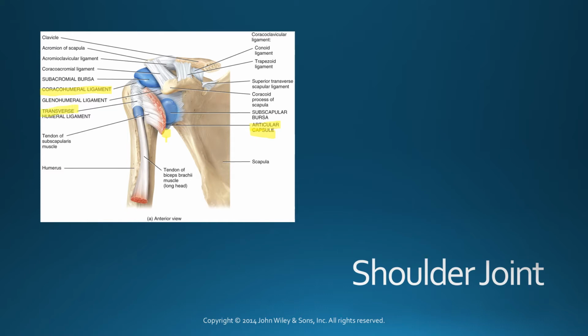The transverse humeral ligament down here is a narrow sheet that extends from the greater tubercle to the lesser tubercle of the humerus. So you can see that sheet over here. The ligament actually functions as a retinaculum, which is a retaining band of connective tissue.